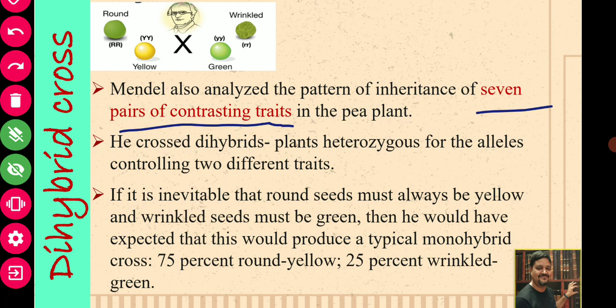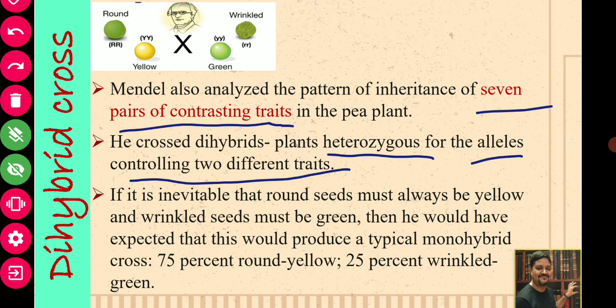So he crossed dihybrids. What is a dihybrid? We have already seen this when I was discussing the different terminology used in animal genetics. Dihybrids are plants heterozygous for the alleles controlling 2 different traits.